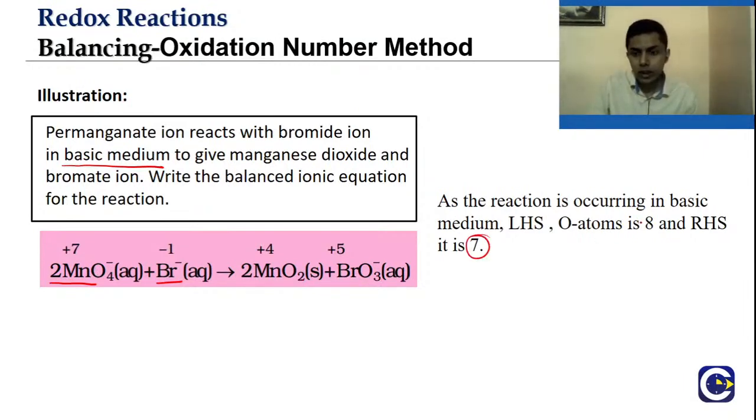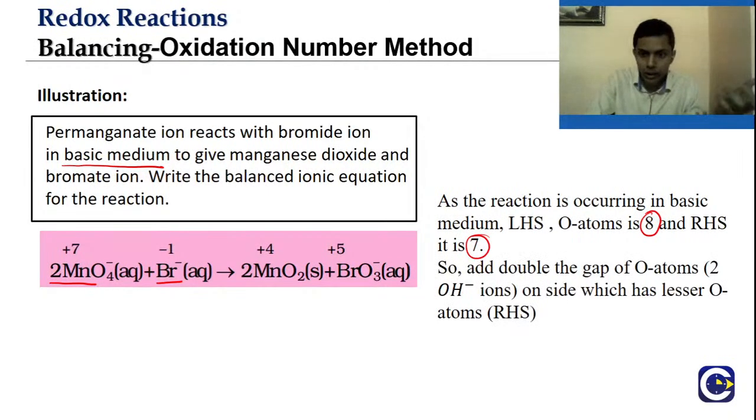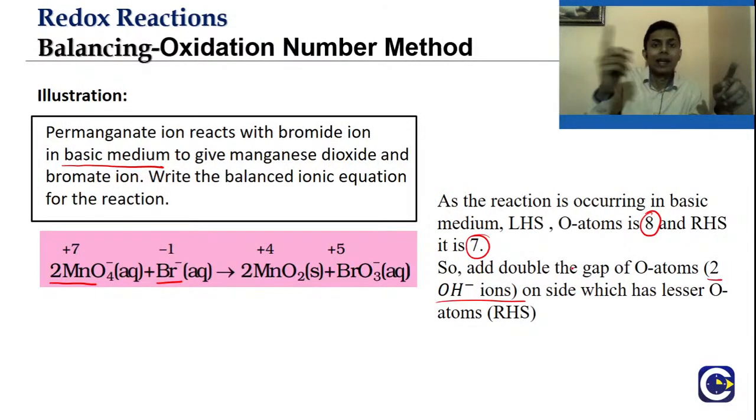So 7 is on the right side and 8 on the left. What is the imbalance? The imbalance is 1. Where is it less? The right side. So on the right side I have to add 2 OH minus ions.